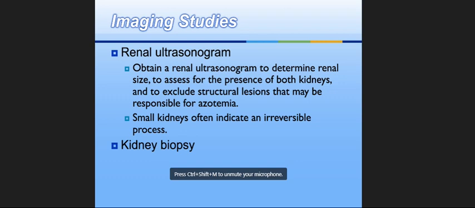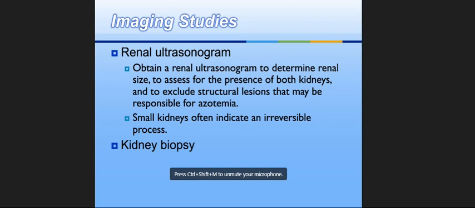This point is very important. Many times, when we want to dialyze a patient, we are asked by the patient and his family, doctor, will this patient be on dialysis forever or just for a temporary period? The key answer to this question is the kidney size, which is discovered from ultrasound or CT.